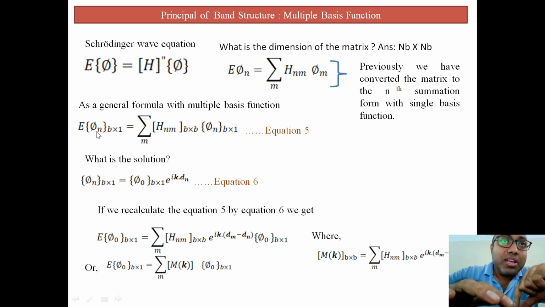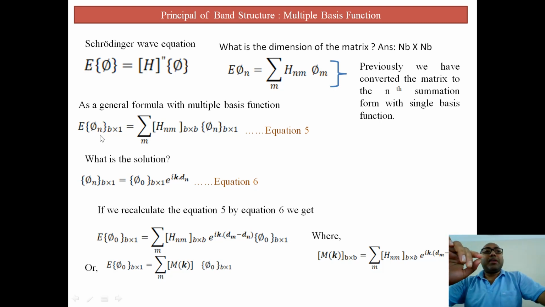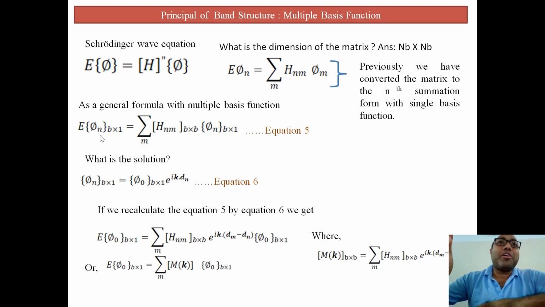So here the expression is modified with another matrix. Again, we really cannot avoid the matrix form. We have tried to avoid the matrix form, but still it is coming.